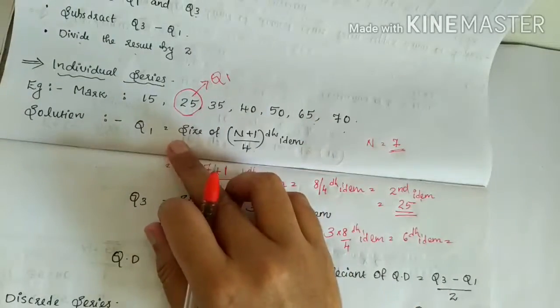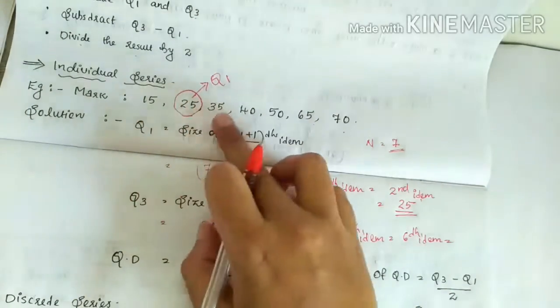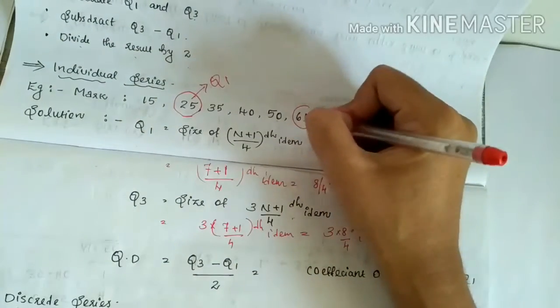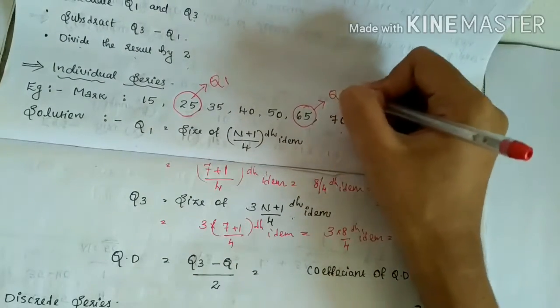In this arranged series, which one is the 6th item? 1, 2, 3, 4, 5, 6. 65 is the 6th item. It is Q3.